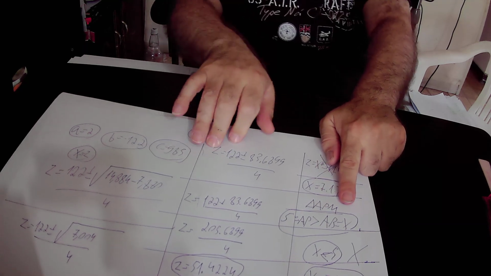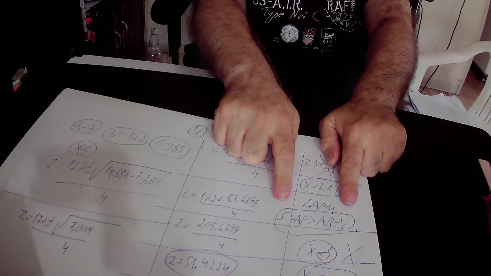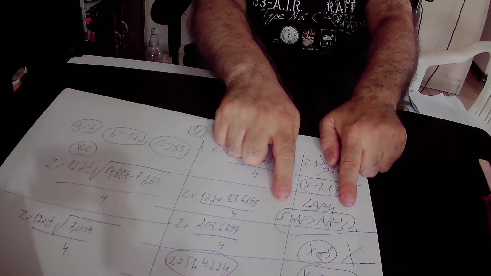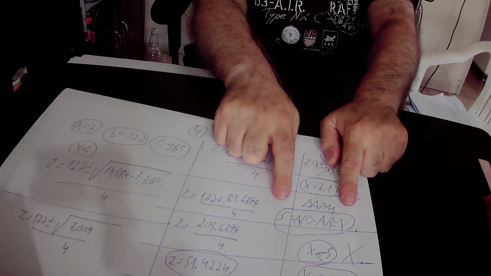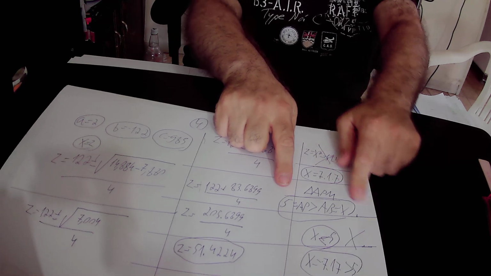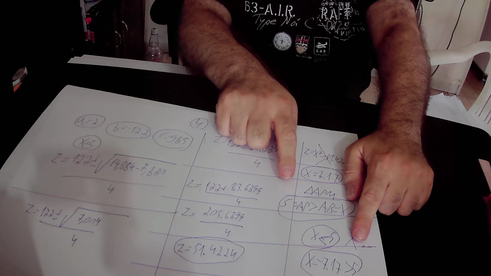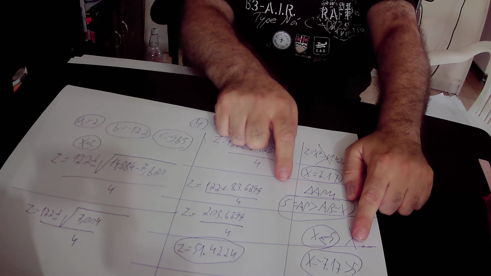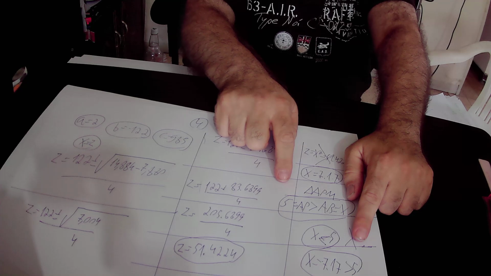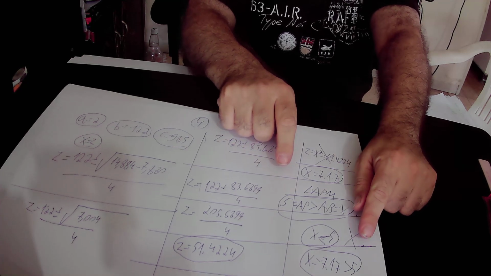So from this inequality, we derive that x is less than 5 units. So according to the drawing, x must be less than 5 units. But we just found out that x equals 7.17 units, that is bigger than 5 units. So we have a contradiction here.